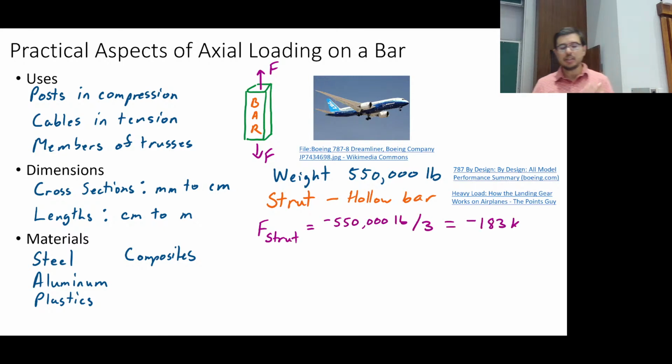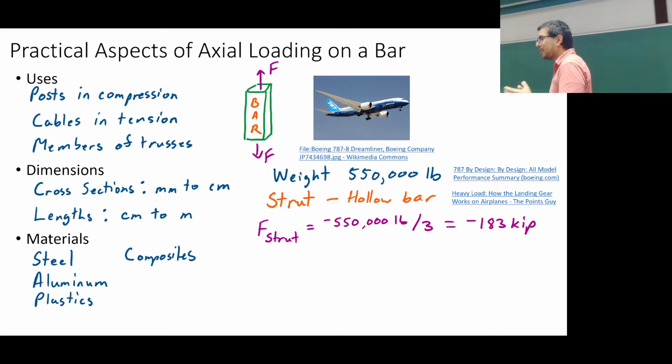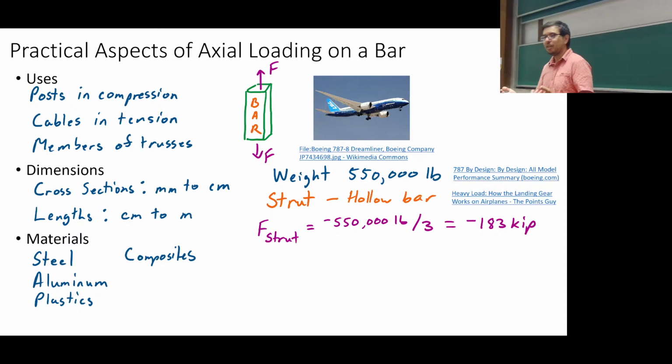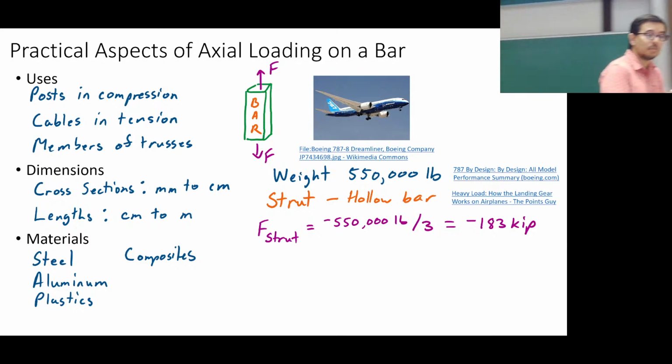So if we're designing these struts, we make this gross approximation that the load is distributed evenly on them. Of course, we know that's probably not going to be the case, especially at the beginning of landing when there's impact, which you'll also cover in design of mechanical components.